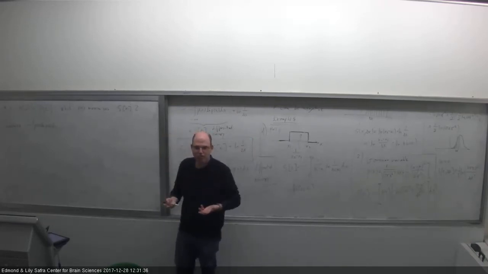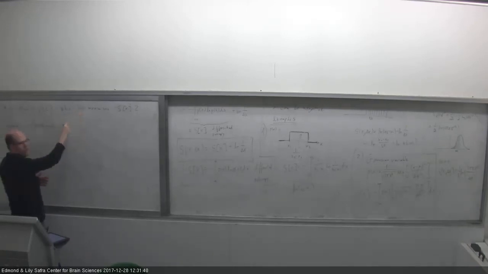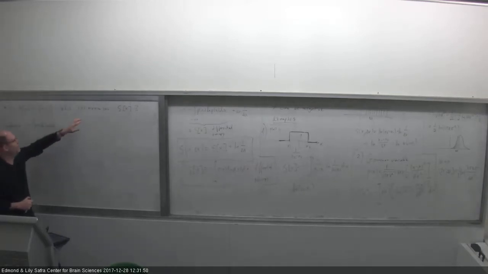We have a whole function of x, and we're playing with the value of this function for each value of x, but that's a continuous set of variables. It's an infinite number of variables, which is the value of P of x for every value of x.